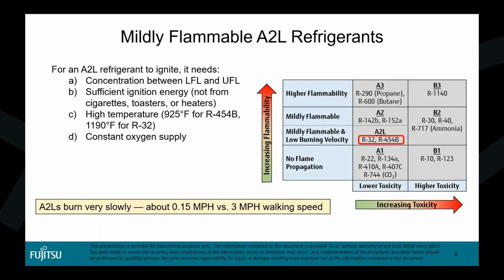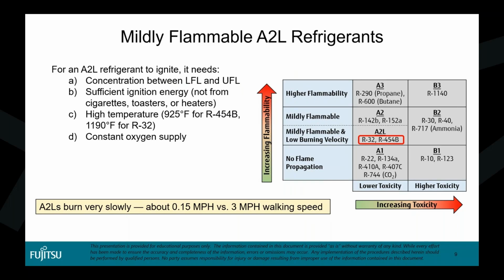It needs to be high temperature. For R454B, it needs to be at least 925 degrees Fahrenheit. For R32, 1190 degrees. So that's telling me that if the temperature goes up, R454B is going to ignite earlier than R32. We did choose to use R32 for many reasons, but that's one of them.